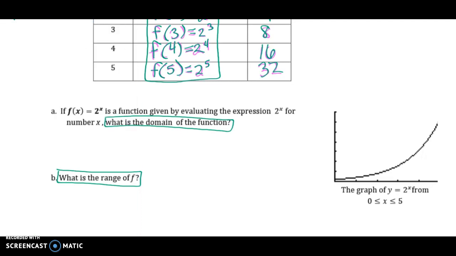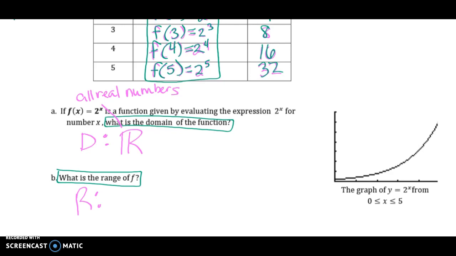So when I come to do the domain and the range, we always start with a fancy little symbol. It's like an R with 2 lines. This says all real numbers. It just allows you to say that without having to write it out every time. And then you have to decide, do we need to restrict?